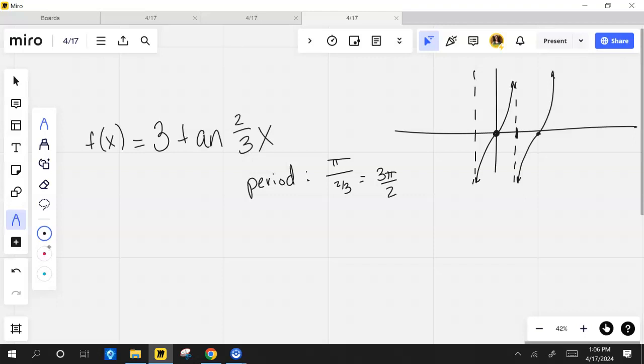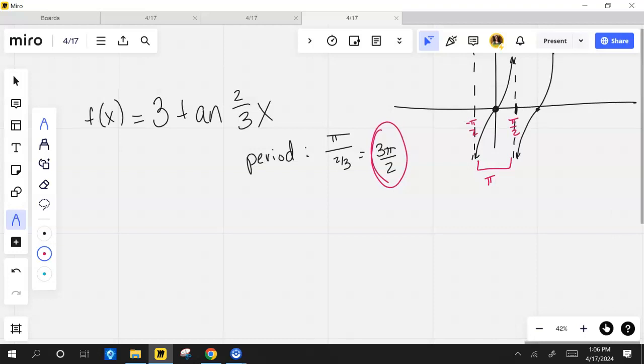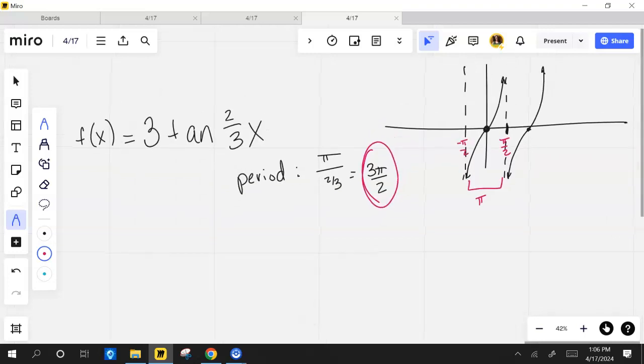Okay, so because look, this is pi over 2. This is negative pi over 2, right? Together this makes pi, right? So what I have to do is take this period and straddle it over the y-axis. So I only need half of 3 pi over 2 on the right side and half of 3 pi over 2 on the left side. Right. So what's half of 3 pi over 2?